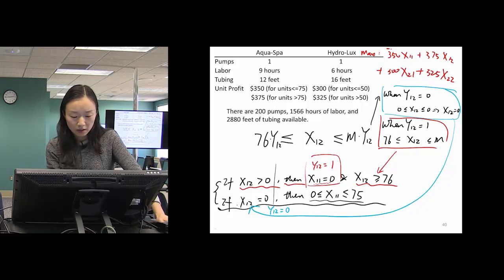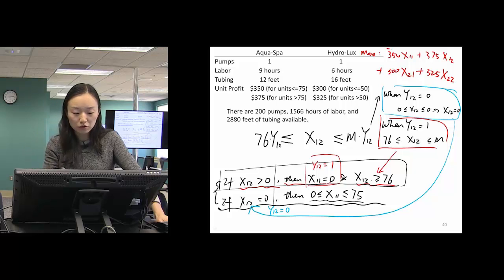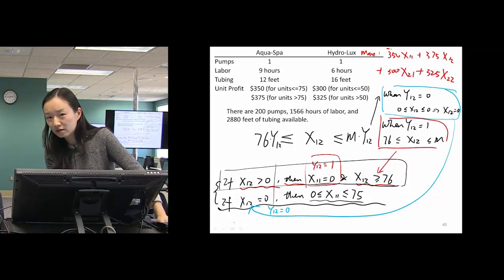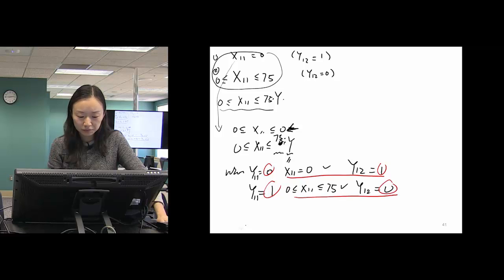And the other will be, x will be either 0 or between 0 and 75. But we don't have this entire thing together. If we want to have this entire statement together, we need to link the two y's that we use to force both values. Okay. Make sense? Okay. Then what do we do? Look at them, they are opposite values.